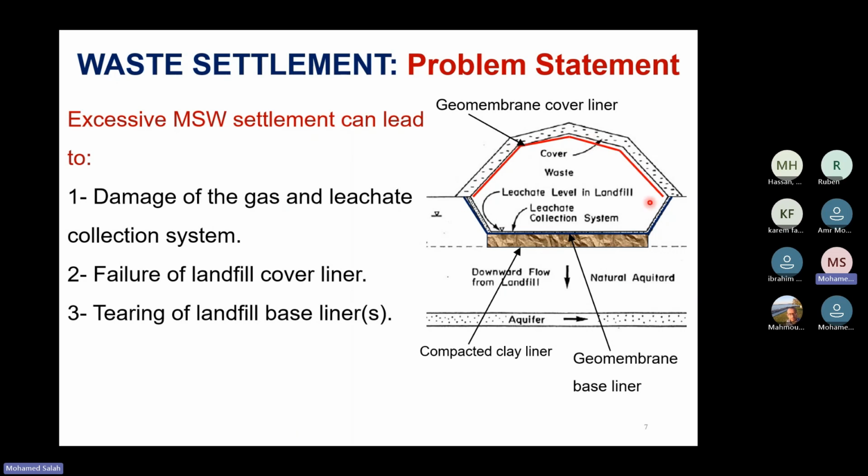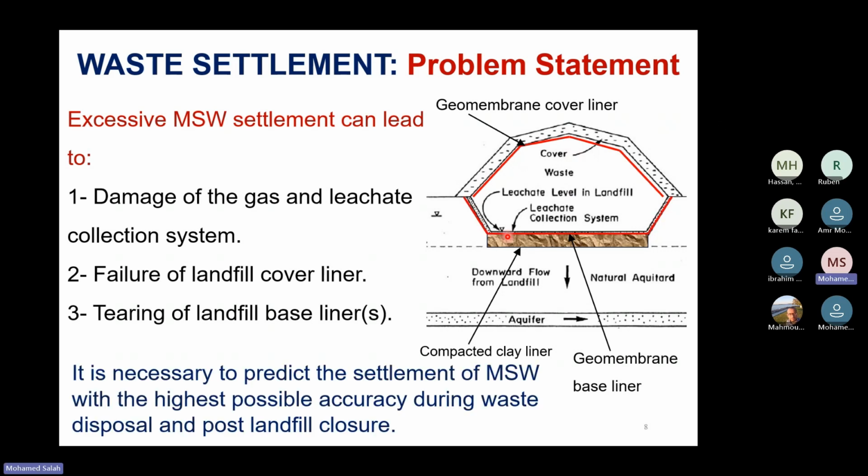The excessive settlement of the municipal solid waste can lead to the damage of the gas and leachate collection system. It can result in the failure of the landfill cover liner, which means formation of cracks in the geomembrane cover liner or tearing of the landfill base liner. So it is necessary to predict the settlement of the municipal solid waste with the highest possible accuracy during waste disposal and post-landfill closure.